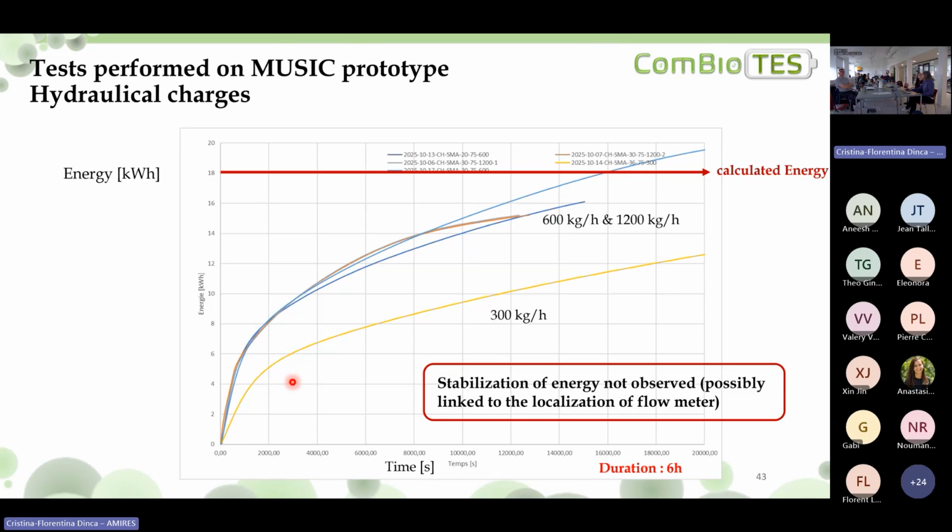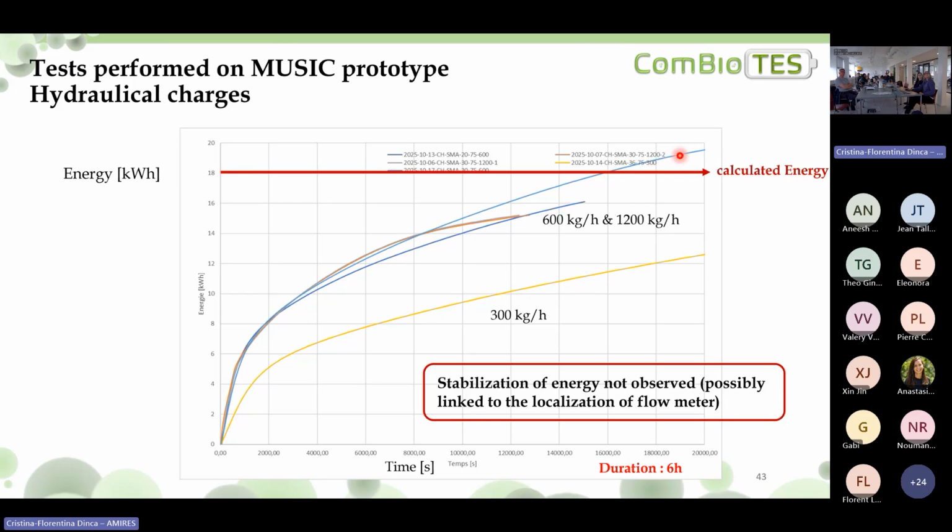Here is the same figure as previously, but I pushed the time to 6 hours just to show that we did not observe a stabilization of the energy transferred to the storage. The energy that we should reach is 18 kWh.